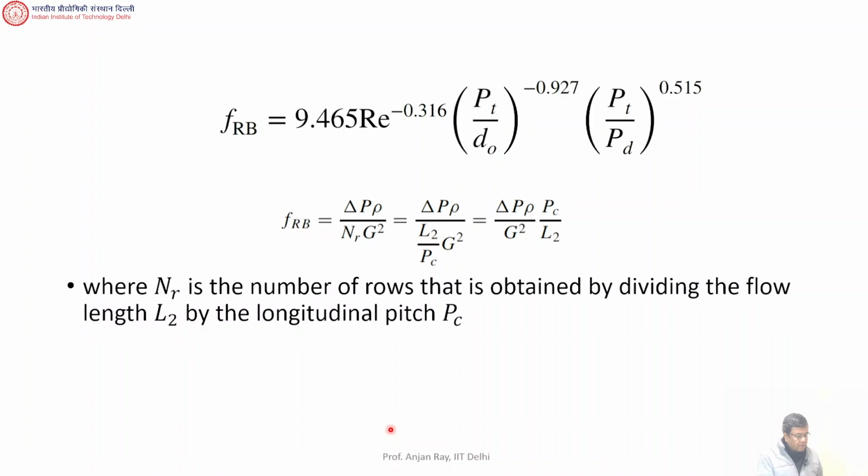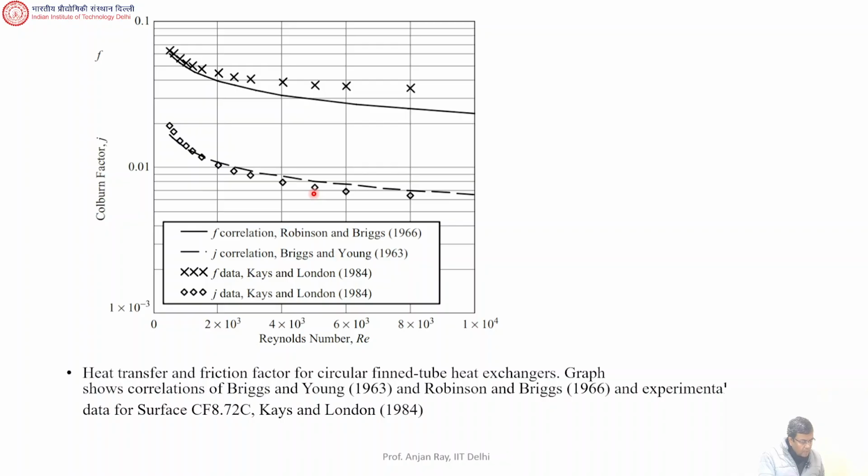And we also have a friction factor. Friction factor is written as F RB. What are R and B? R and B are because of a couple of people who did this work about 60 years back in 1966, an old paper.